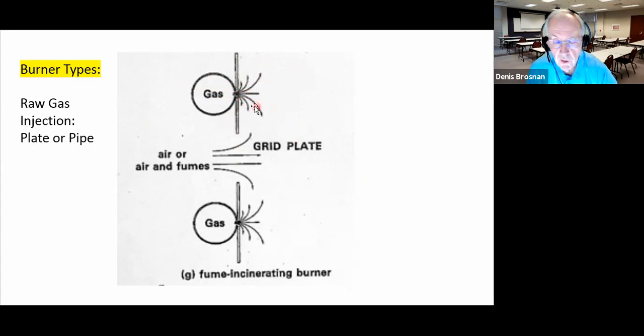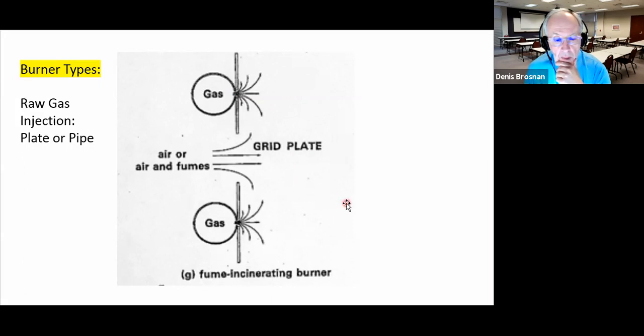So we assume that we're above the auto ignition temperature of the gas, and so it's going to burn. Somewhere we have to add air into this combustion environment so that we can maintain combustion. Remember, all the air for combustion has to be from the inside of the device.